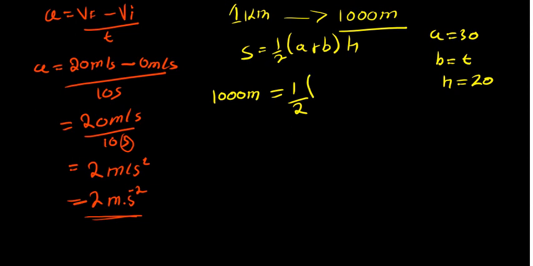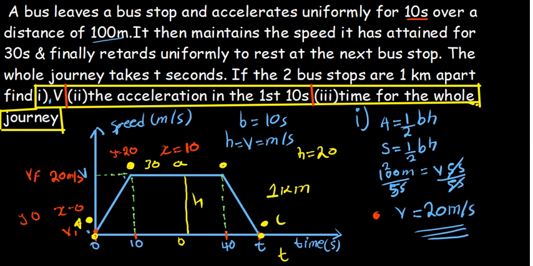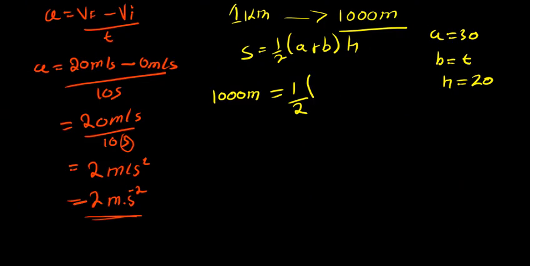So our value of a, remember, from this point to this point is just a time, and that is 30 seconds. So we have 30 seconds plus our b, which we don't have, multiplied by our h, which is 20, and this is our velocity, meaning 20 meters per second.